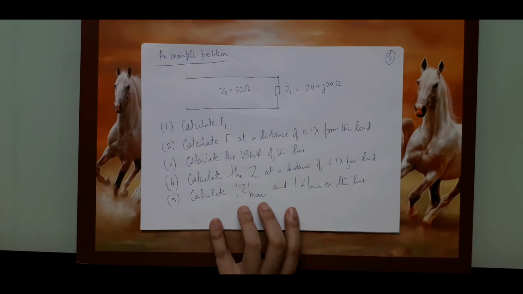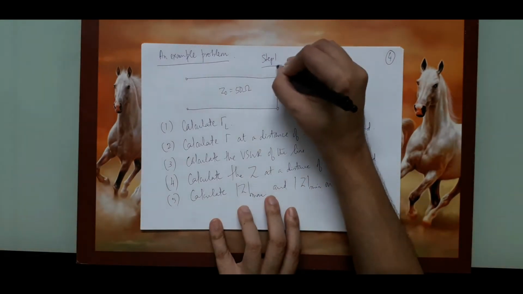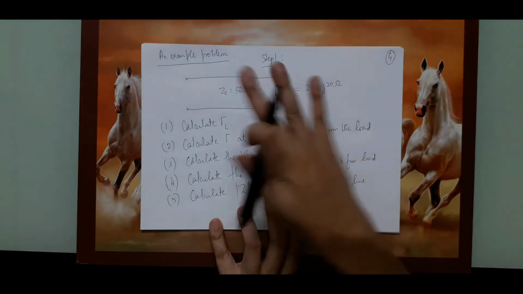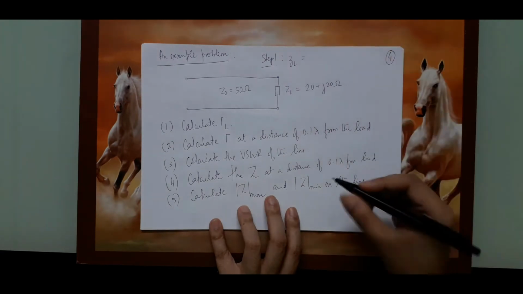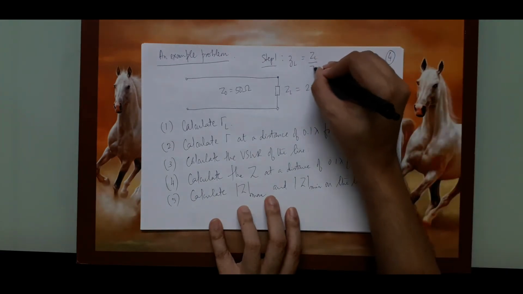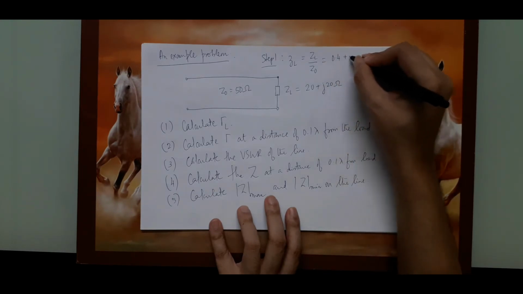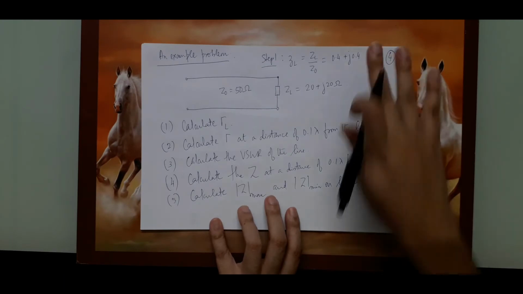But before we use the Smith chart, step 1 is to convert this load into the normalized impedance. So we will make small zL, that is nothing but ZL by Z0. That is 0.4 plus j0.4. Remember, it has no unit.